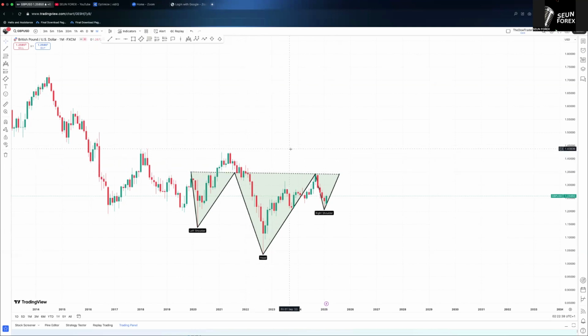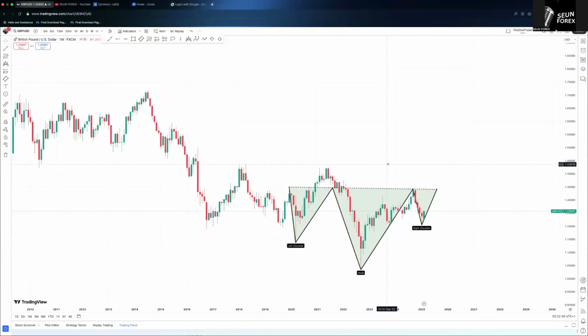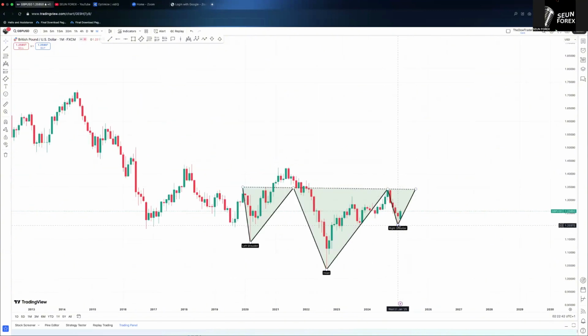So, if that is the case, it simply means that this is already buying pressure, and as we're speaking right now, the market just closed a few hours ago, and the market is reversing back little by little. Which means that the buyers are now interested in this market. That is what the monthly time frame is telling us, that buyers are now coming in to take charge of this market.